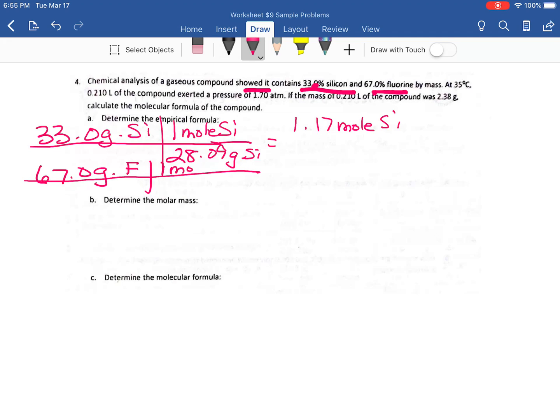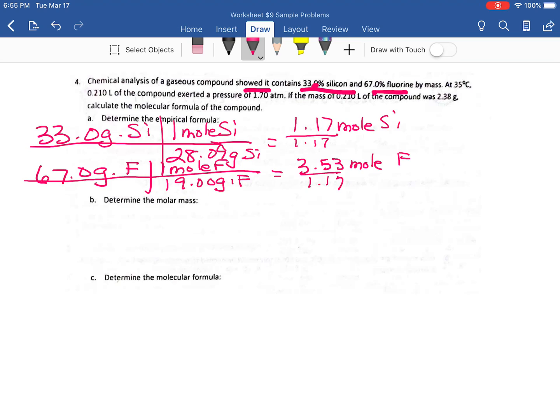And so 67 grams of fluorine, 1 mole of fluorine, and this is just fluorine because it's part of a compound, and that will be 19 grams of fluorine. So you should find out that you have 3.53 moles of fluorine.